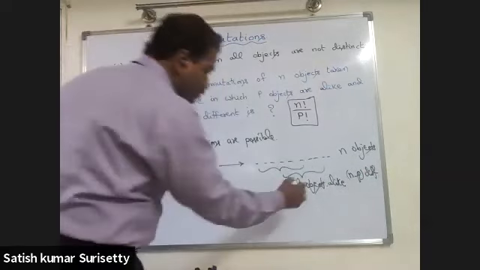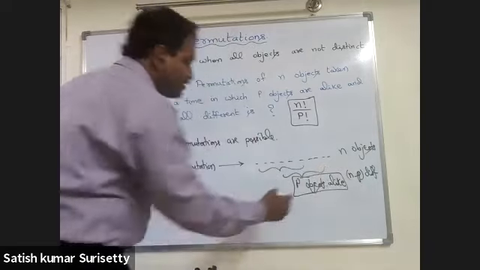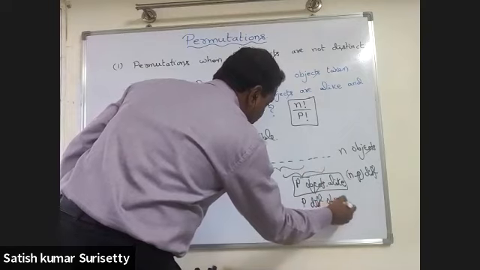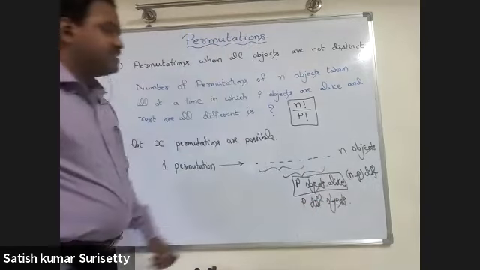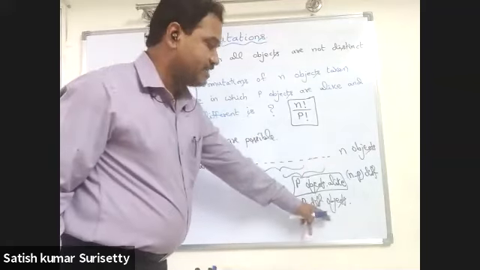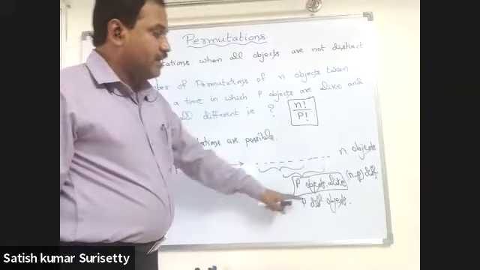Now let us replace these p objects, which are all the same, with p different objects, other than the n minus p also. That means now all will be distinct objects only.